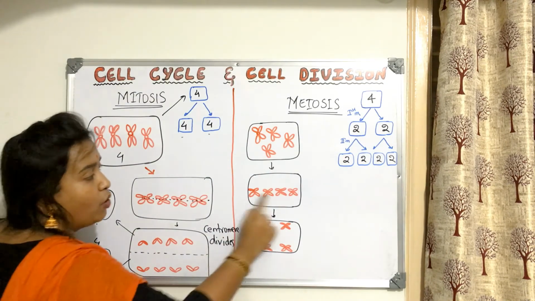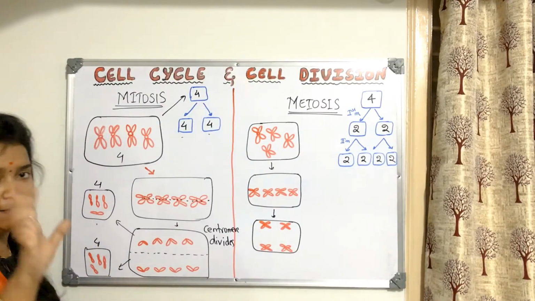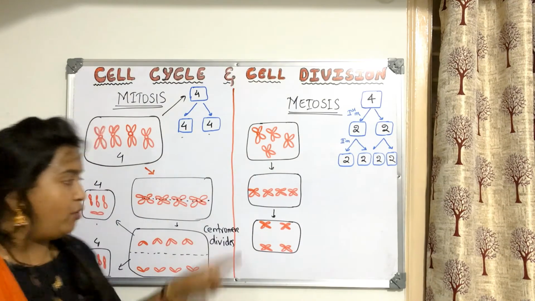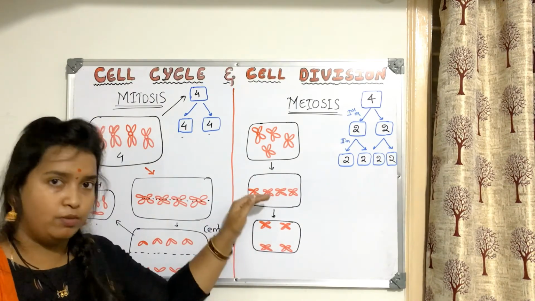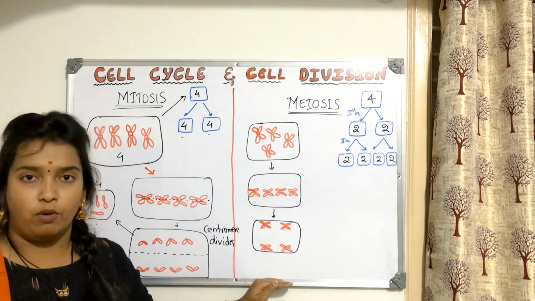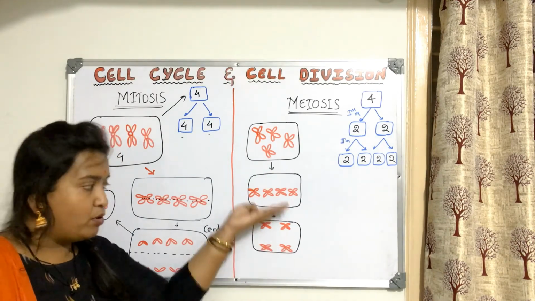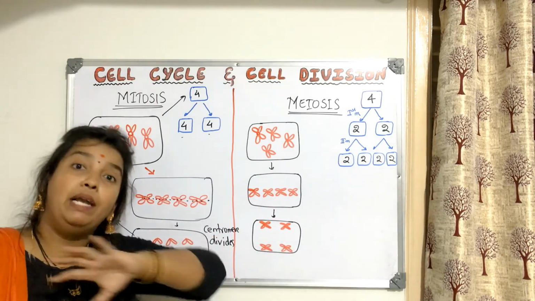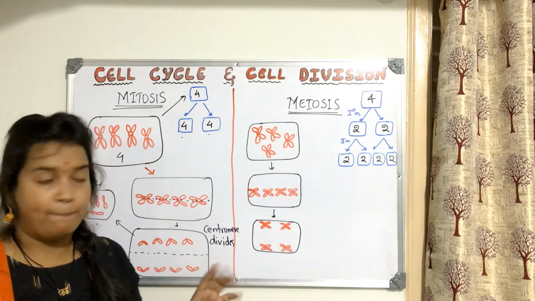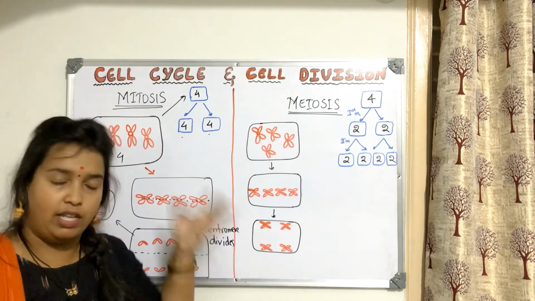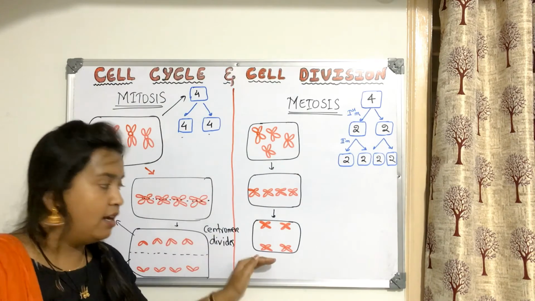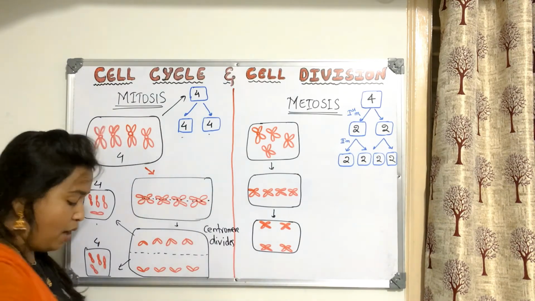Chromosome itself is moving towards the pole. If there were 8 chromosomes, 4 would move up and 4 down. Likewise, based on the number of chromosomes, they will move. The complete chromosome will move, along with both sister chromatids, everything moving towards one side, and the other half will move towards the other side.